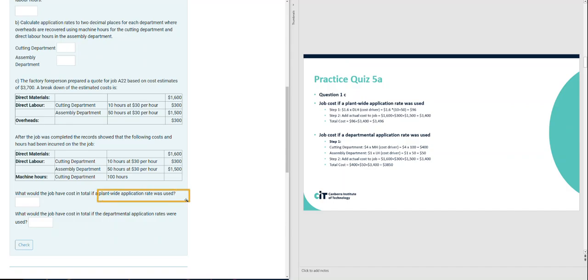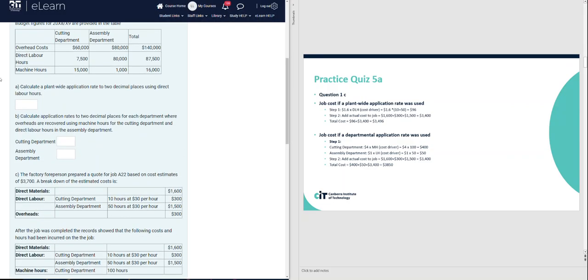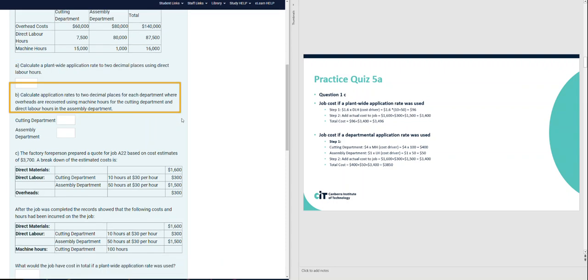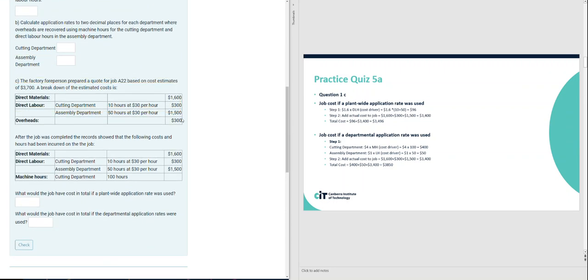Plant-wide applicable rate, what was that? We've already calculated that in our part A, right? If you still remember, part A, we've calculated that, and the plant-wide applicable rate is 1.6. So if you look at the calculation here, what we'll first do is $1.6 applicable rate times, given it's a plant-wide rate, the cost driver is direct labor hours, so we're going to use $1.6 applicable rate times our direct labor hours, which is our cost driver.